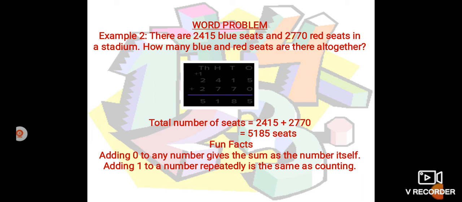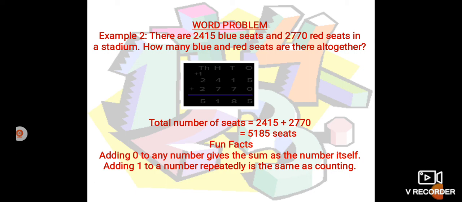There is another word problem. Example 2. There are 2,415 blue seats and 2,770 red seats in a stadium. So, there are two categories of seats in a stadium.